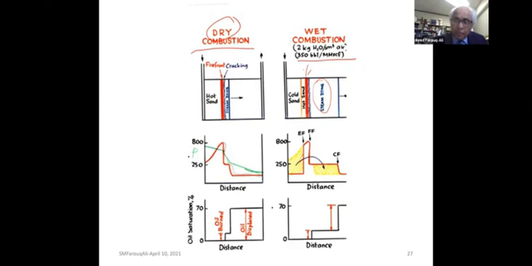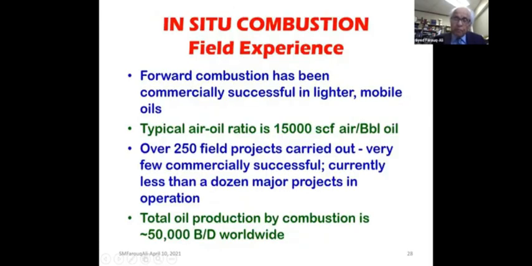And the third diagram shows the oil saturation. You can see that we have displaced oil to this distance for dry, but to a much greater distance in the wet combustion. So wet combustion looks really good on paper, but it's very difficult to successfully implement in the field.